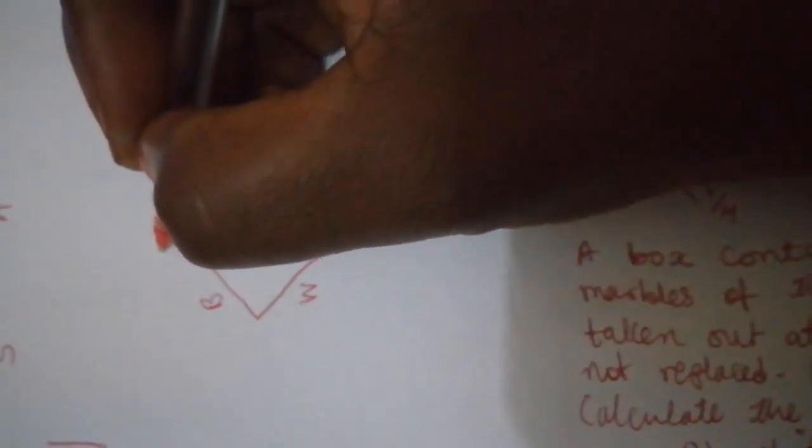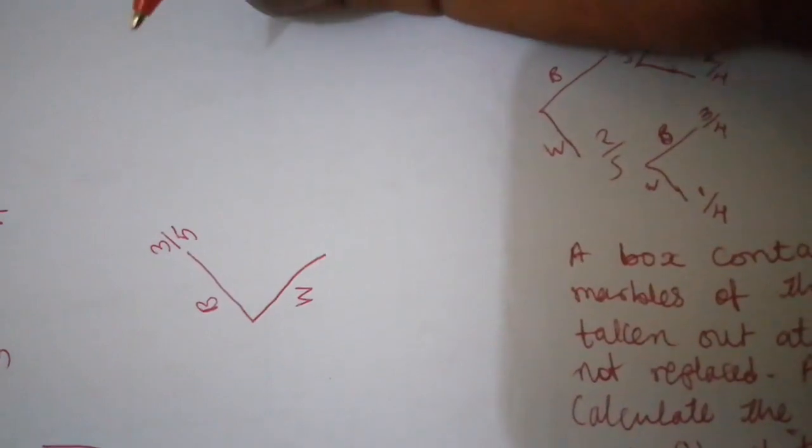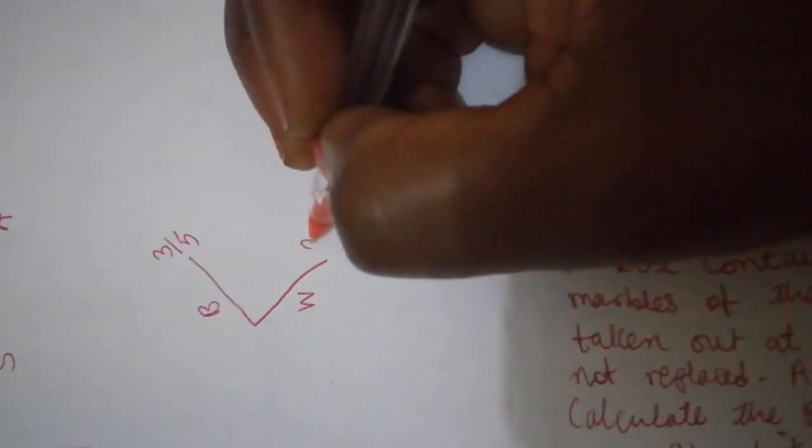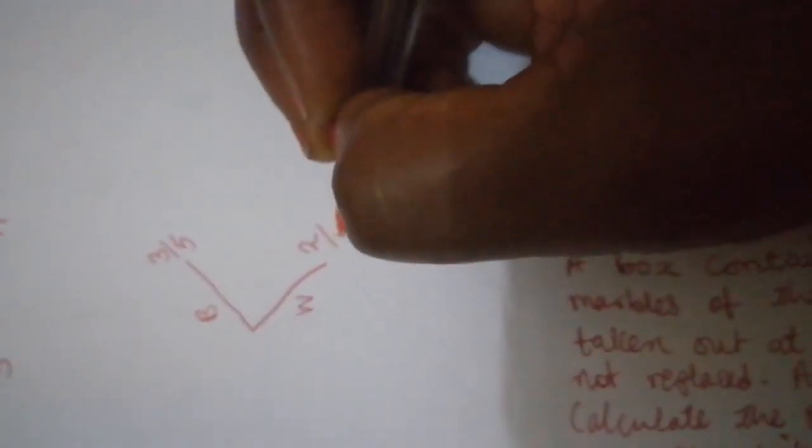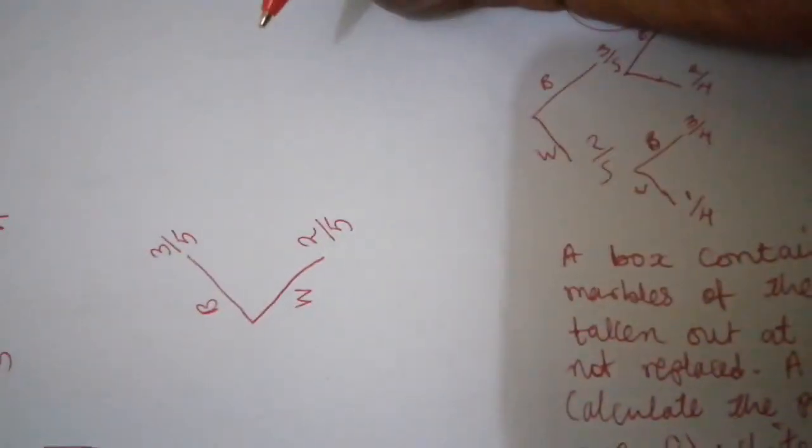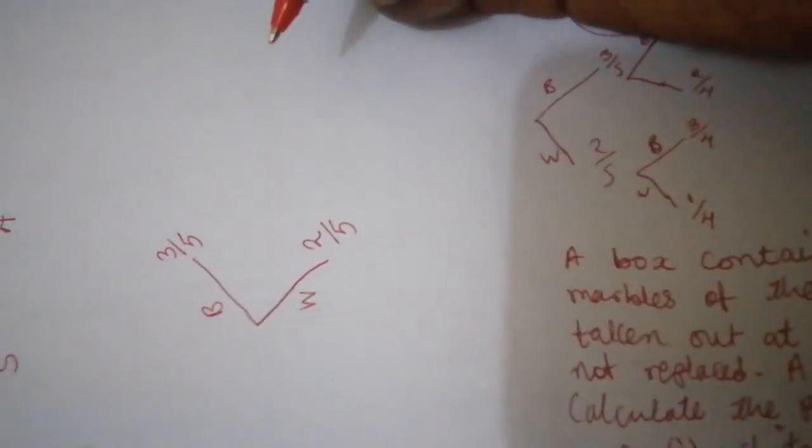It is more clear where we have branches like that. So this one can be for black marbles, this one for white marbles. In the first draw, we have 3 chances out of 5 of picking a black marble, and 2 chances out of 5 of picking a white marble.